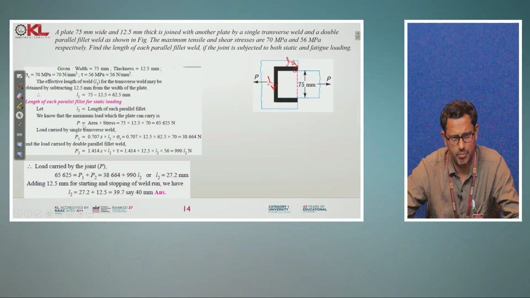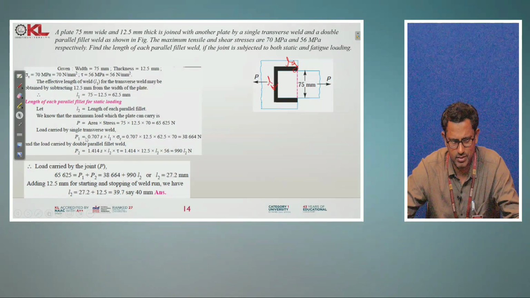We know that P, the total load acting on the fillet welds, is equal to P1 plus P2. P1 is nothing but the transverse fillet weld, P2 is nothing but the parallel fillet weld. So substitute all the values in the given equations and give me P1 plus P2.